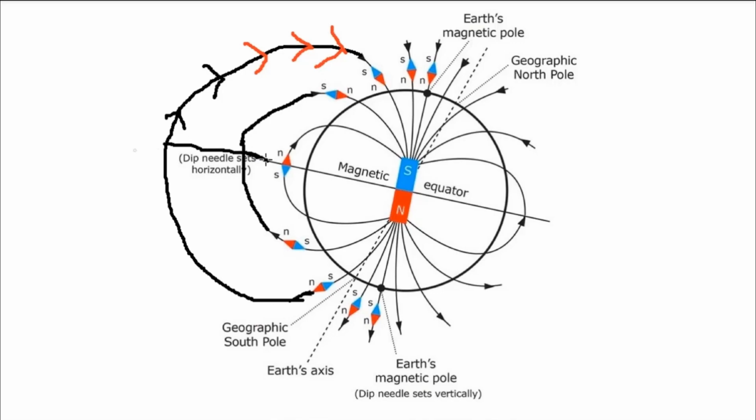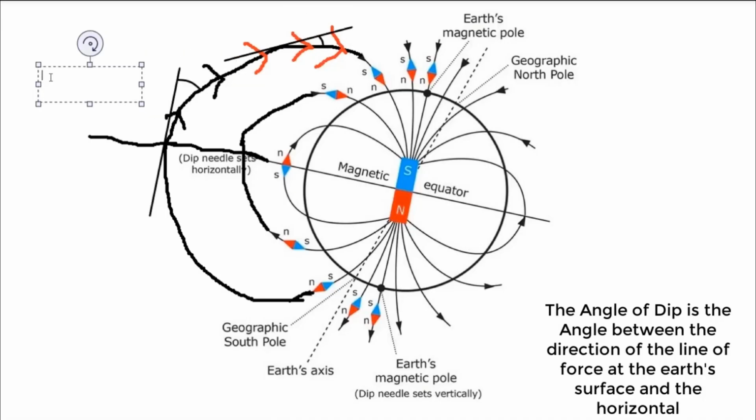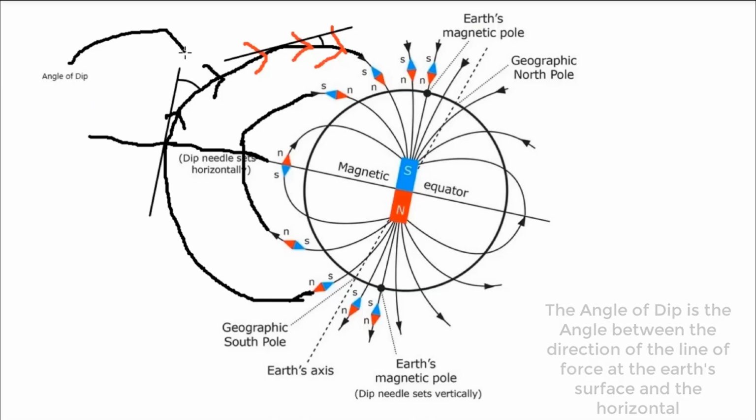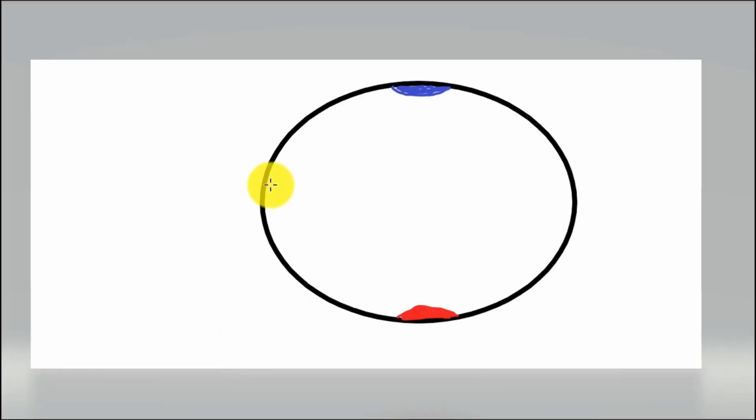On the screen, we can see that if we keep a magnetic needle, it will try to align itself with the magnetic meridian. Therefore, it will create an angle with the horizontal. That angle is called magnetic dip or angle of dip. Right? So, on the screen, we can see that these magnetic needles are creating an angle of dip with the horizontal.